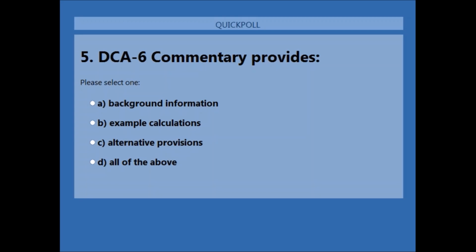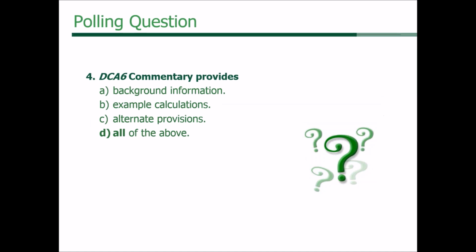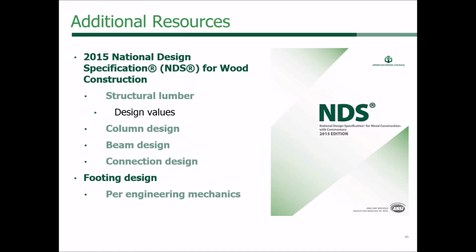All right, so we've got about 85% have voted. Let's see. So 95% say all of the above and just a smattering elsewhere. So I believe that 95% are correct. Yep, exactly. It's all of the above. Hopefully those examples that I provided make that clear.